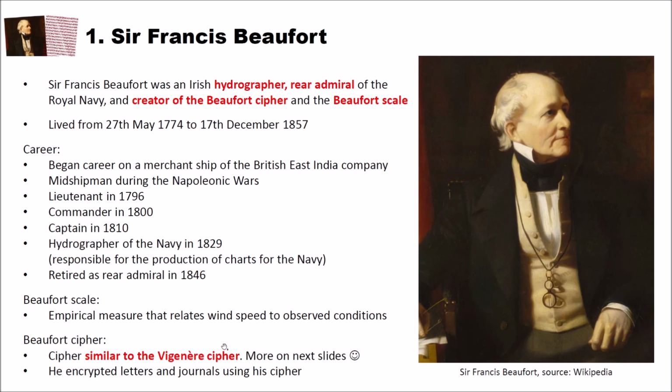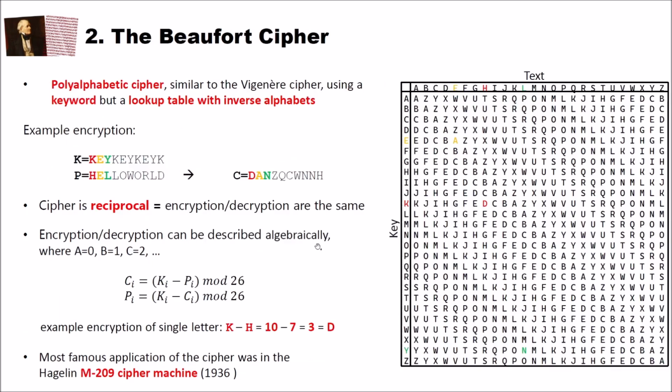And you will learn more on how it's similar to the Vigenère cipher on the next slides. And Francis Beaufort encrypted letters and journals using his invented cipher. And you can see a picture of Sir Francis Beaufort that I found on Wikipedia here on the right side.